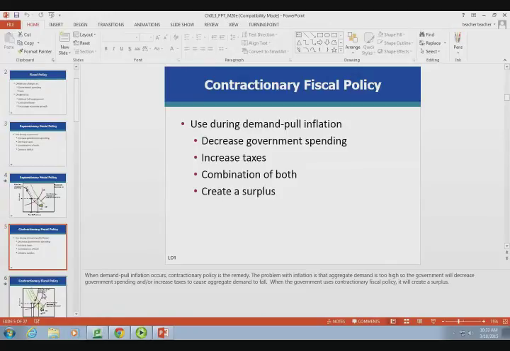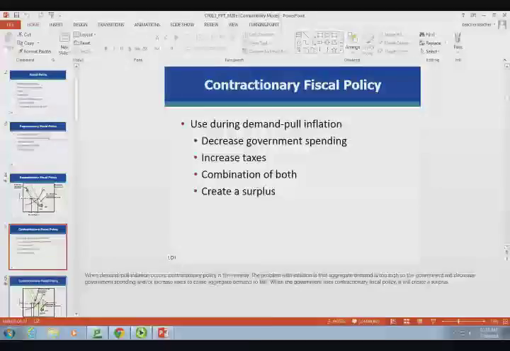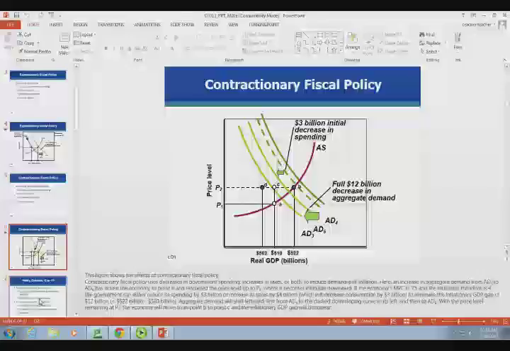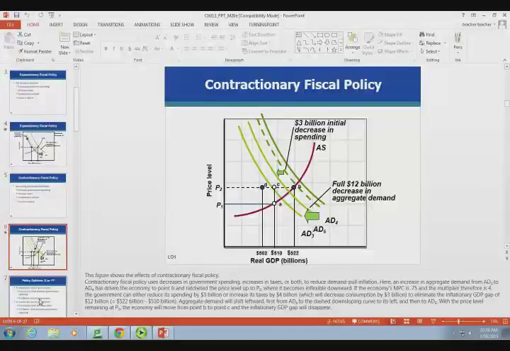All right? So turn in your book to page 291, and we have a nice little picture of this in regards to contractionary fiscal policy. So what's happening, basically I'm starting here, which should be AD 3, 4, and then 5. I decrease spending by $3 billion. That's going to take me down to that dotted line, all right?